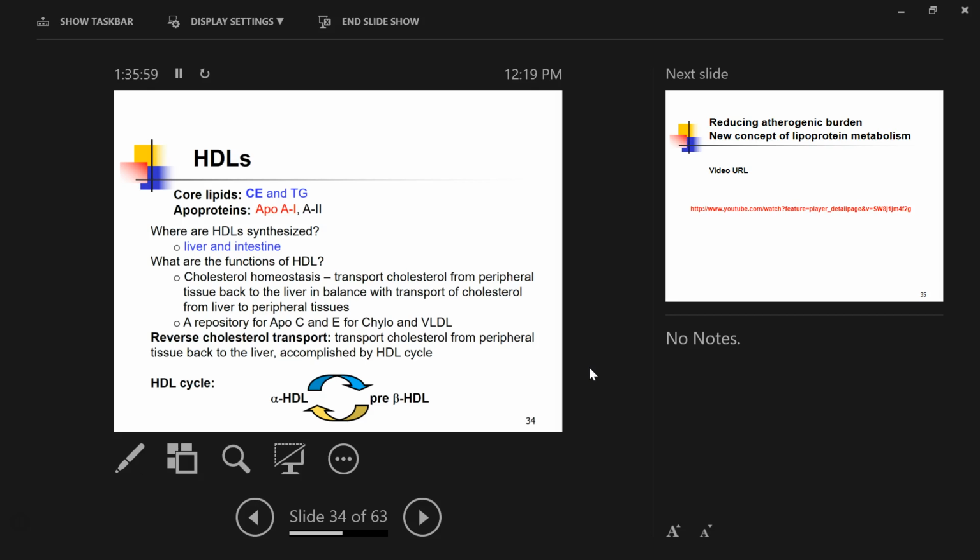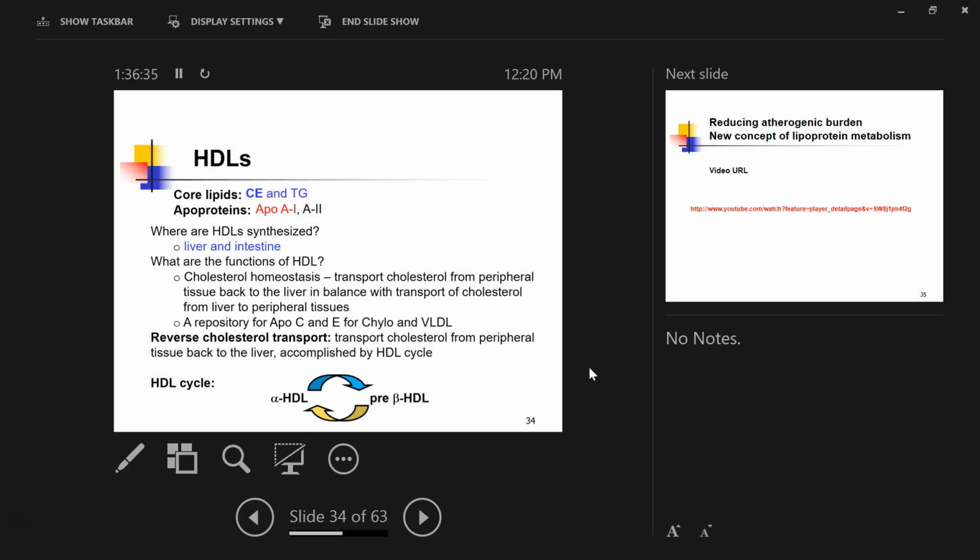Cholesterol is synthesized in the liver and transported to other tissues for their needs, and peripheral cells can also synthesize cholesterol. When we have too much cholesterol, we want to prevent the accumulation of unnecessary cholesterol.